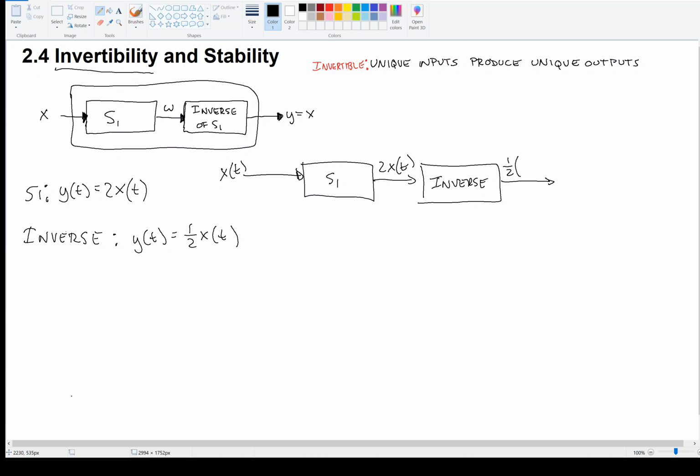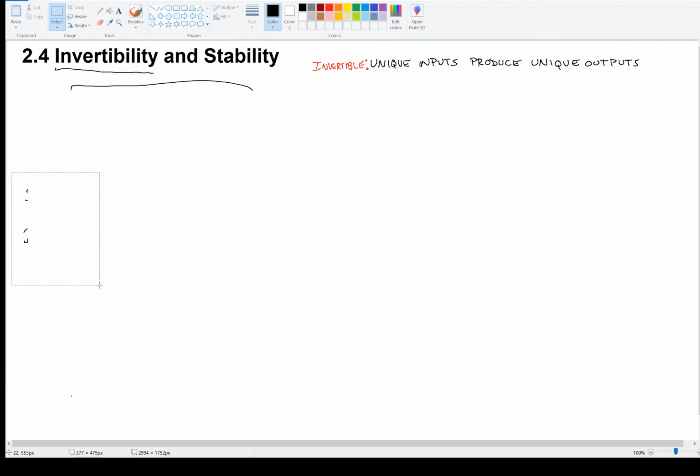Well, 1/2 of what I put in is 2x of t, so this gives me x of t back. So that's the inverse. And again, we'll look at other examples in an upcoming video.